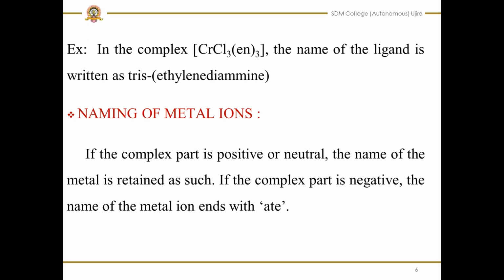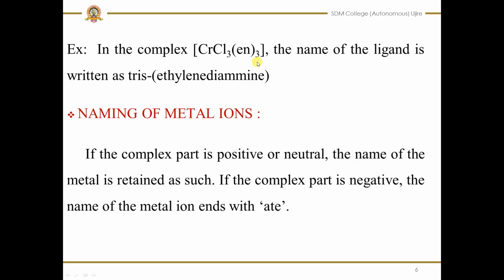Example, in the complex [CrCl3(en)3], en means ethylenediamine, so this ligand itself has the prefix di. So while writing the name of this ligand, you have to use one more prefix called tris, that indicates the number of identical ligands.